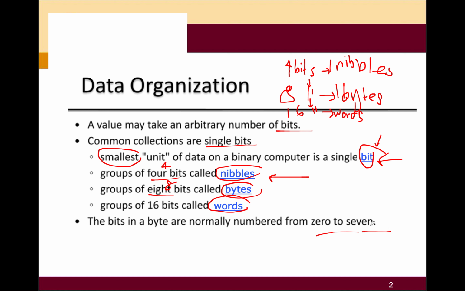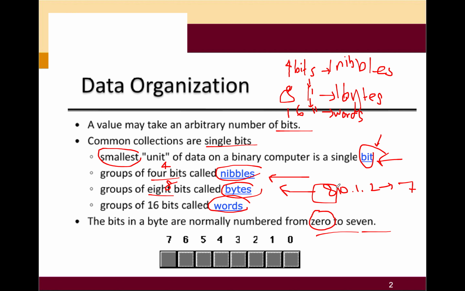It starts from 0, and you have 8 bits in the byte, numbered 0, 1, 2 until 7. All together you get 8 bits.